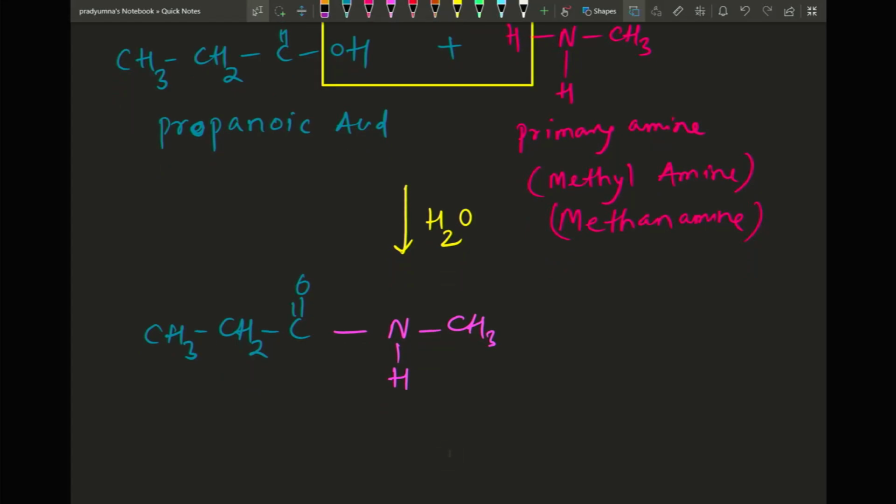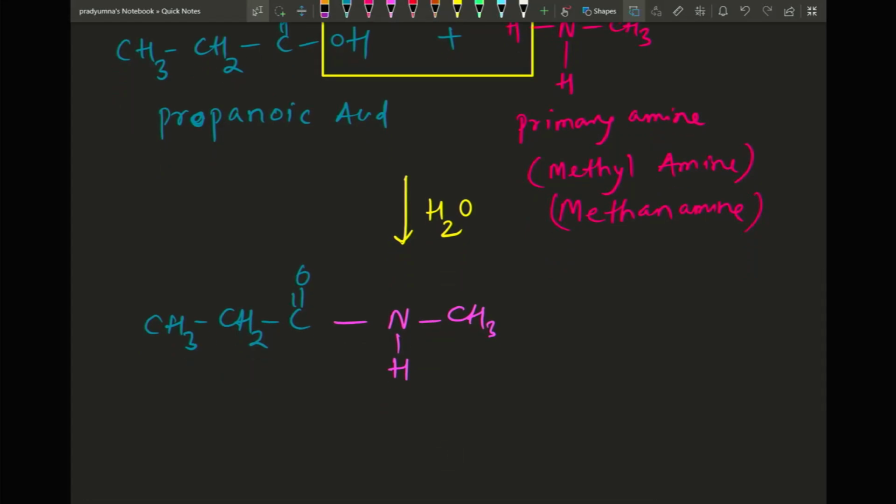So the amides are basically a linkage like this. An amide is if you have a carbonyl, anything can be attached to the left, and there has to be a nitrogen, and anything can be attached to here. So when you have a functional group like this, it is called an amide functional group.